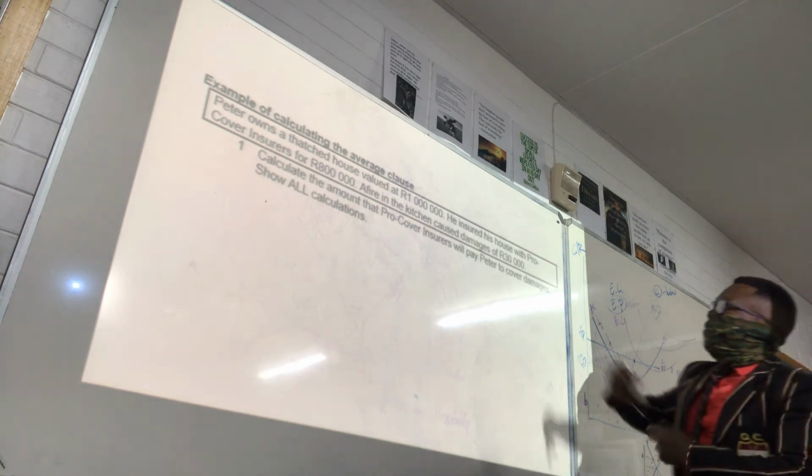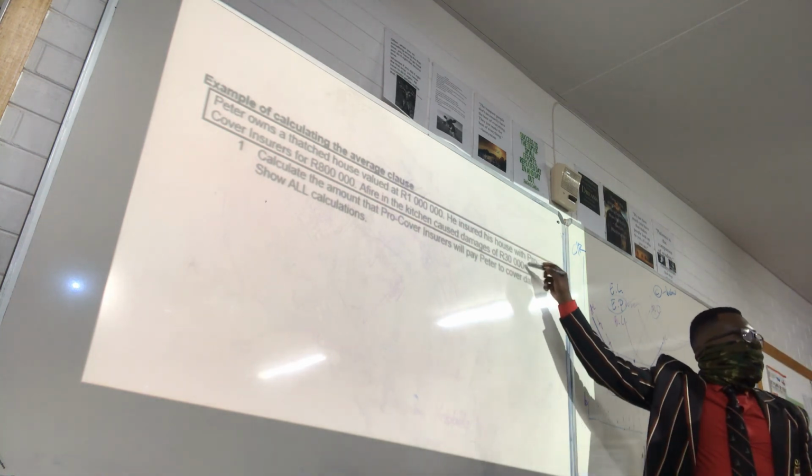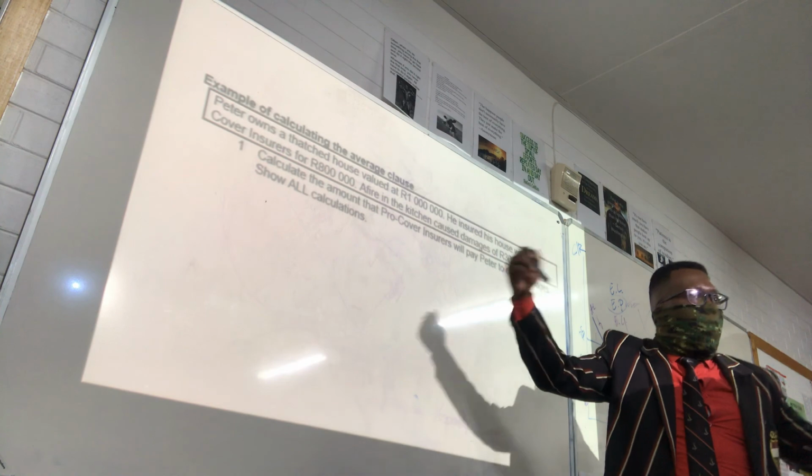What do you get? 24,000. So how much are the damages? 30,000. But how much are they paying him? 24,000, because he's been underinsured.